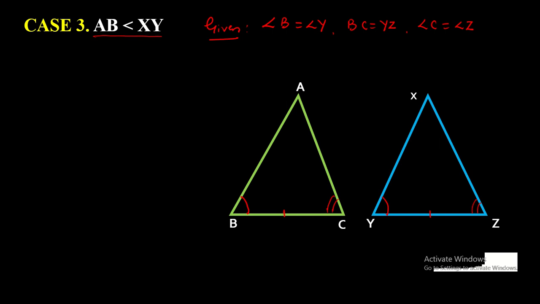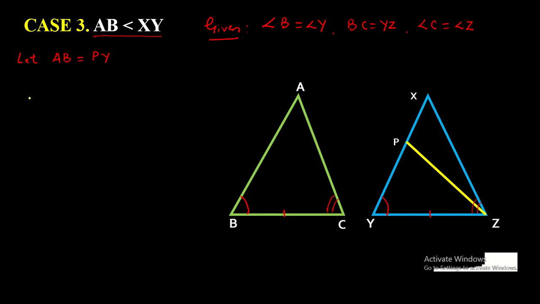That means this time we will reduce the size of XY up to P. So let's suppose AB is equal to PY.